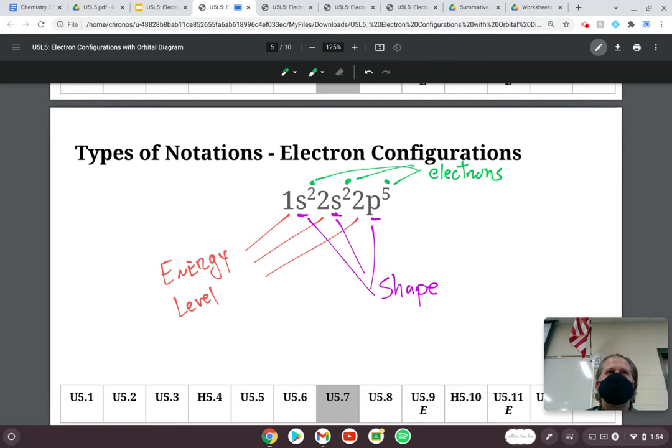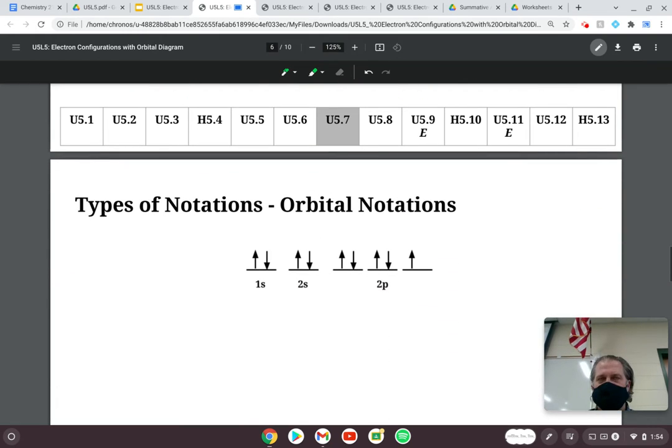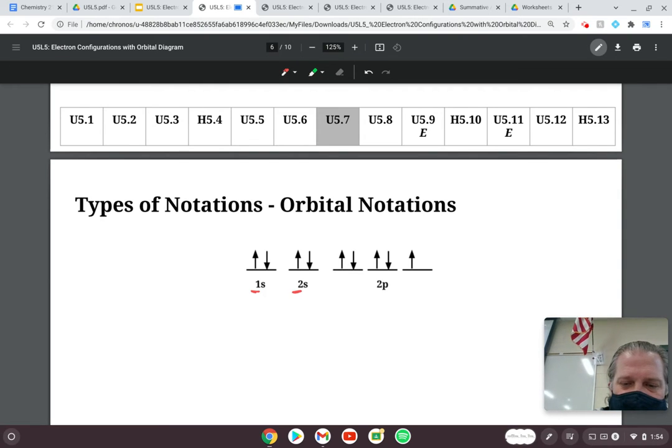Another way that we can represent this, and what I'm going to show you next is the exact same element, is called the orbital notation. It's the same thing, but it's just represented differently. So in this instance, again, I have the large numbers, which are your energy levels.